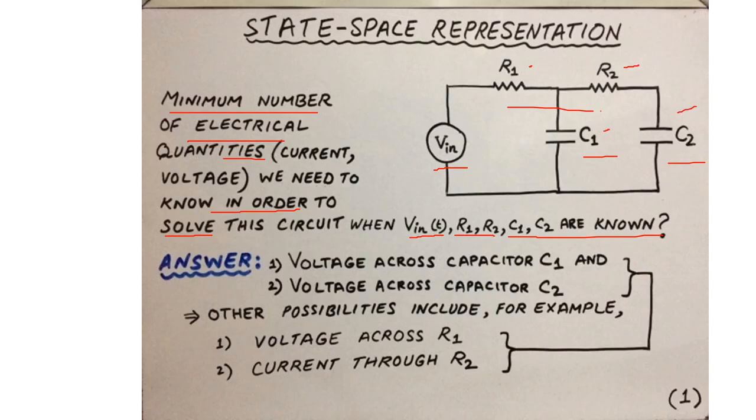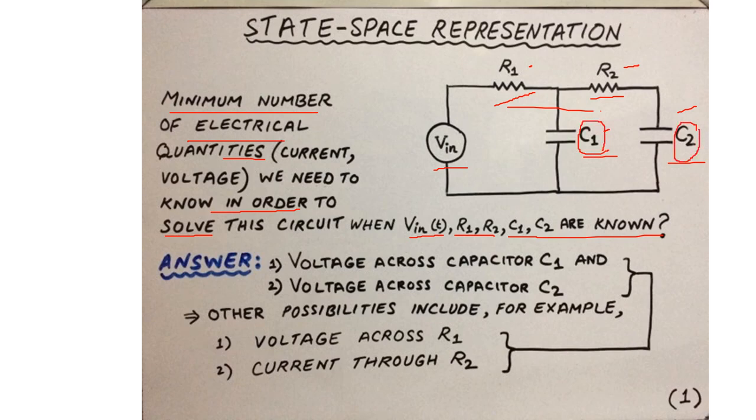If the circuit is solved, we know how much current is passing through the resistance R1, and therefore we can also tell the voltage. Likewise, how much current is passing through the resistance R2, hence the voltage. Similarly, we need to know the voltage across capacitor C1 as well as the voltage across capacitor C2.